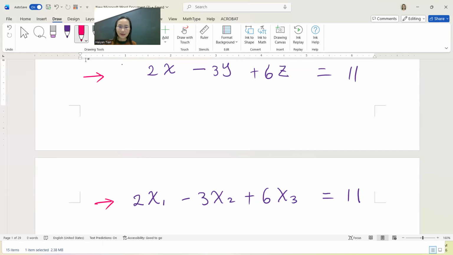Yeah, they're linear equations of three variables. Although the three variables use different names, they're exactly the same equation. Yeah, so I want you to recognize the structure. So yes, it's a linear equation.